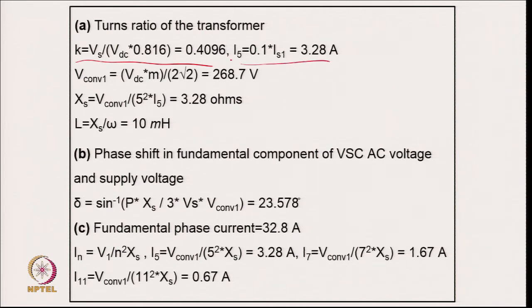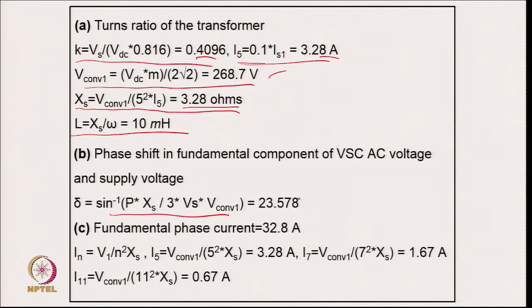It comes to typically 0.4, and we can find the fifth harmonic, which is limited to 10% of the fundamental, 3.28, and the converter voltage from this relation we can find typically 268.7. Then we can find the reactance corresponding to this fifth harmonic, so it is 3.28 and an inductance of 10 millihenry. So, the phase shift for the fundamental component, once we put the values in the power transfer relation, comes to 23.578.